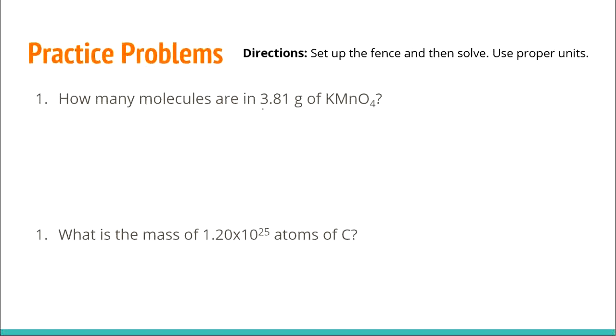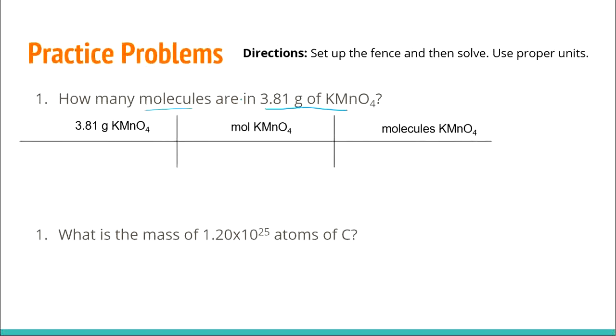How many molecules are in 3.81 grams of KMnO4? So given grams, now it's asking for molecules. So given grams, can we go straight to molecules? No. You have to go through the moles and then you can find the molecules.